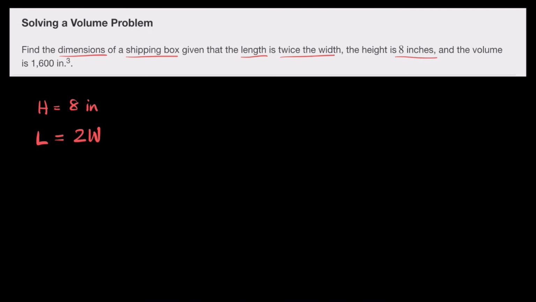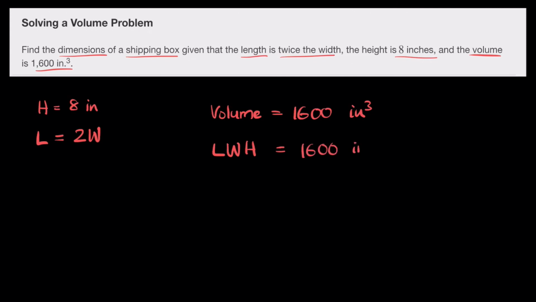So when you want to find the volume here, the volume is given already, which is 1600 inch cube. So we know the formula for volume when you have a length, width and height is all the values. So L into W into H. So that becomes 1600 inch cube. So L is 2W.